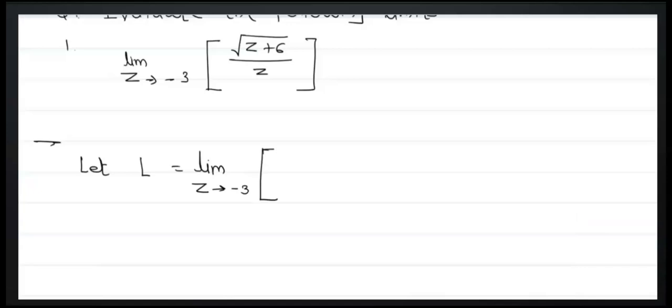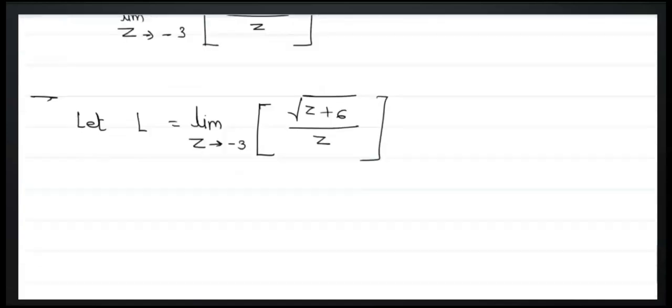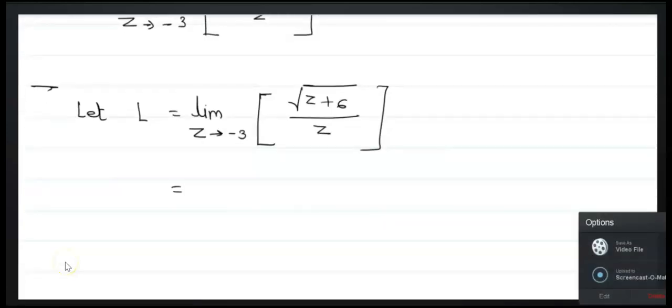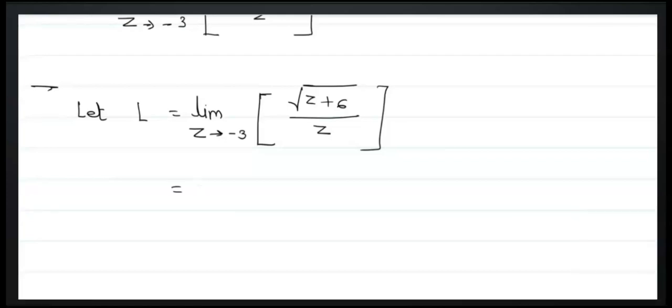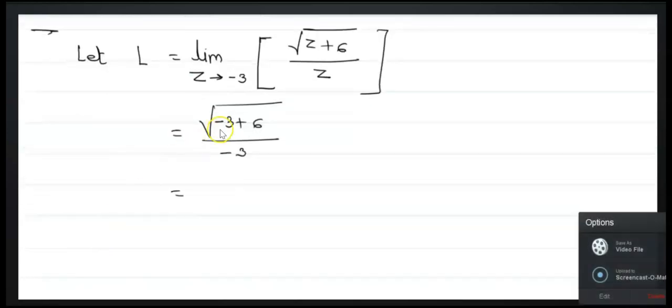Now see this here. How to write all these steps? Let L equal the limit as z tends to minus 3 of root of (z plus 6) upon z. Every time we write L equals the limit. Now in this step, we will take the direct limit. That is, root of (minus 3 plus 6) upon minus 3. Minus 3 plus 6 is 3.